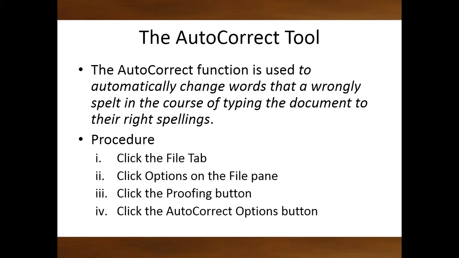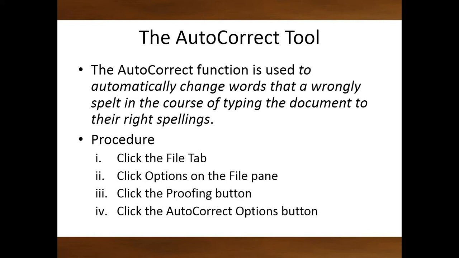Now, what is the purpose of the autocorrect tool? The autocorrect tool or function is used to automatically change words that are wrongly spelled in the course of typing the document to their right spellings.